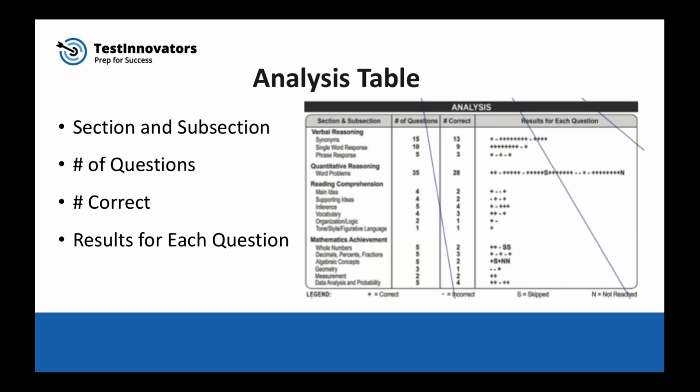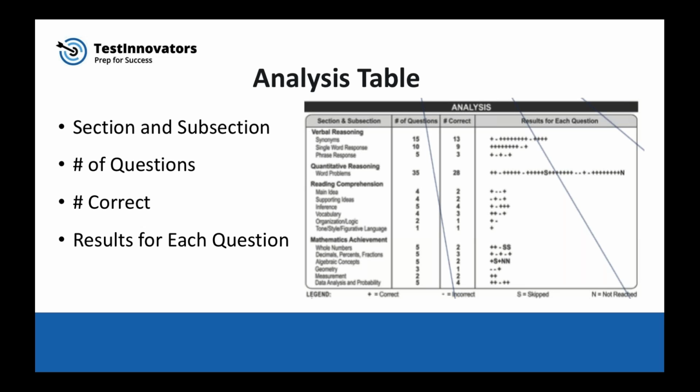So the analysis table is very helpful because you can see the total number of questions, then the number you got correct. So you can evaluate how many questions you got correct from each type of question. So this student here, for example, can see on the mathematics achievement section that they did quite well in measurement.